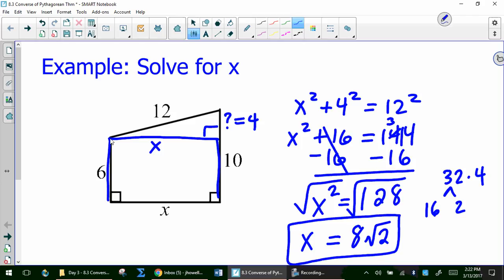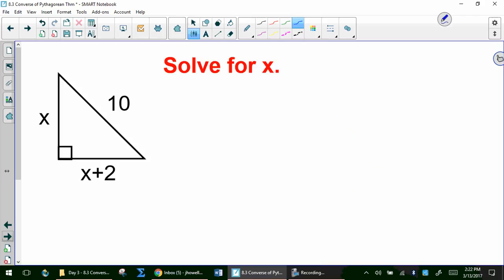All right? And now for the next problem, solving for x. This is a little different, and this involves some factoring. If you haven't tried it, try it now, and then come back to it. You can hit pause on the video. So we have our legs squared equals the hypotenuse squared.